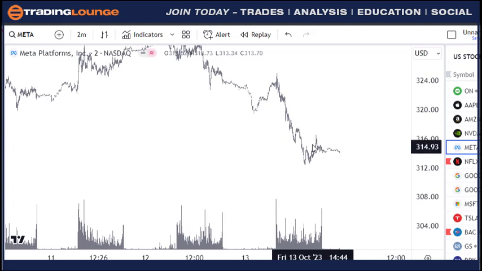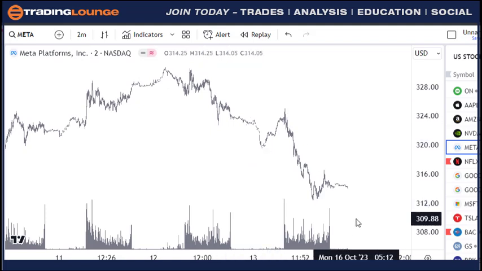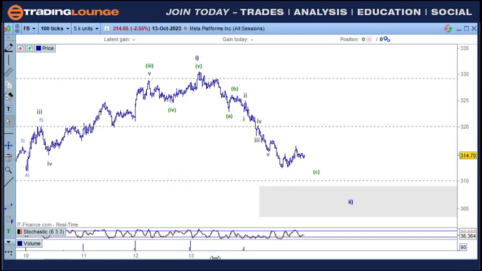It's not giving me 5 waves here just yet, so probably another move down here. So the logical thing would be the A, the B, and the C down to this point, but it's just not strong enough to go off at the moment, because I could count it differently as well. So I haven't really labeled it, but the momentum is down.